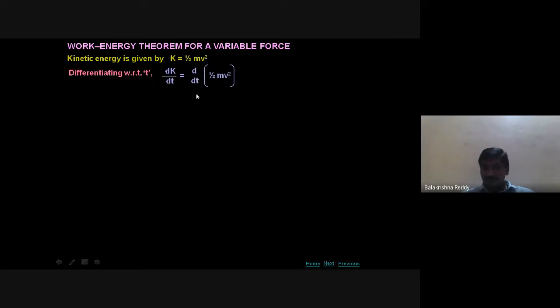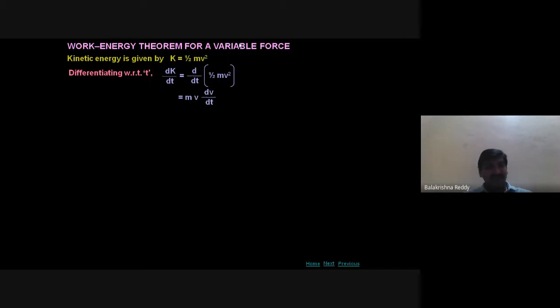Here I kept m constant and differentiated v square. We know the formula of differentiation: d by dx of x square is 2 into x to the power of 2 minus 1.